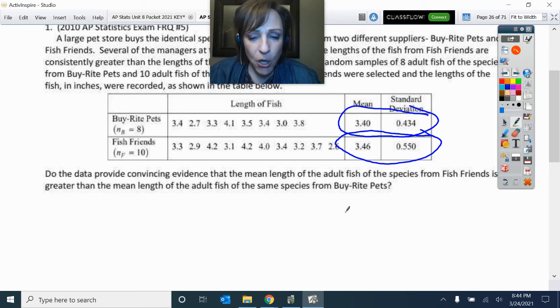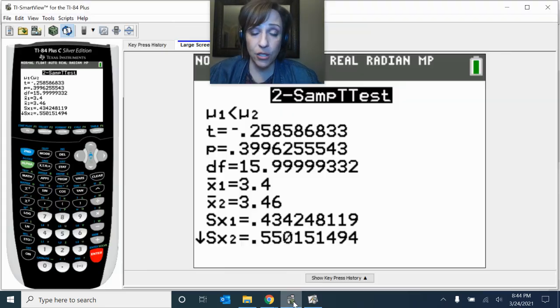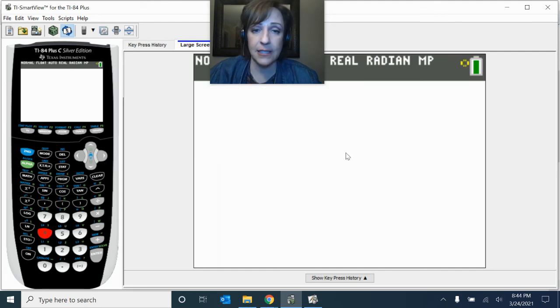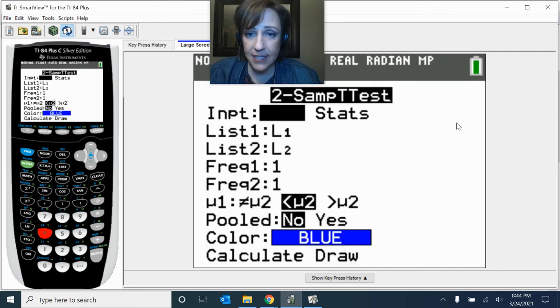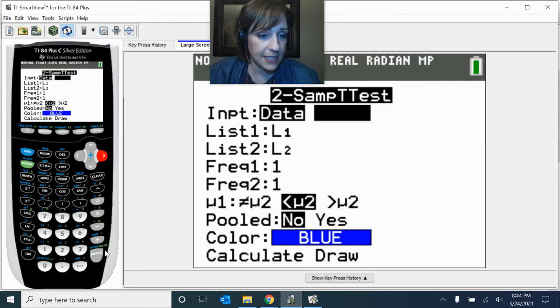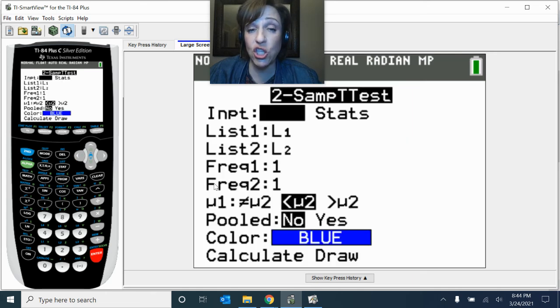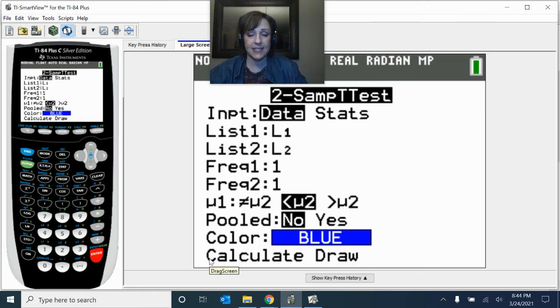So in your information, you have two options of how to input it: either the summary statistics, which is this tab here to the right, or individual data right here, which you have placed in the lists.